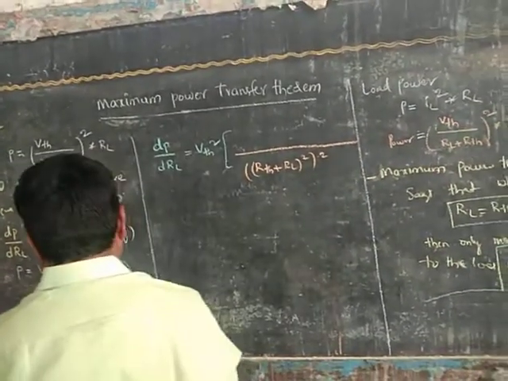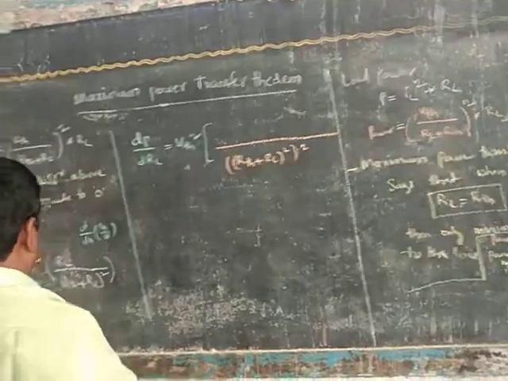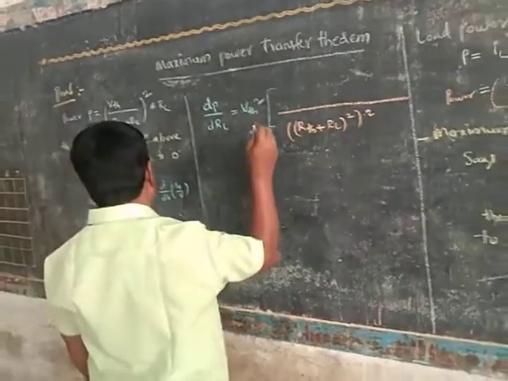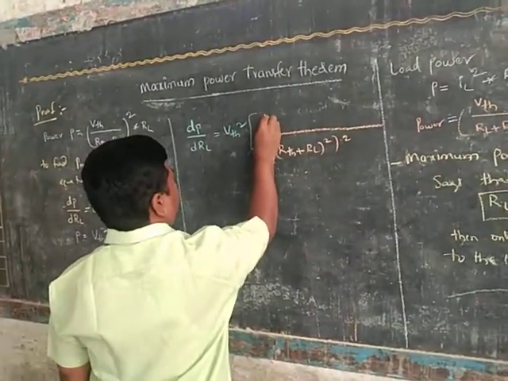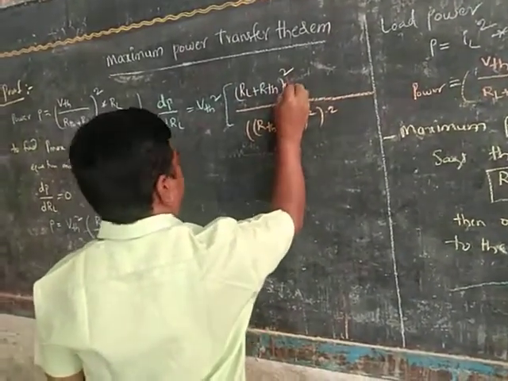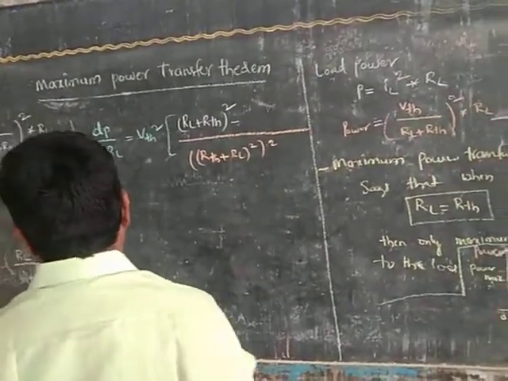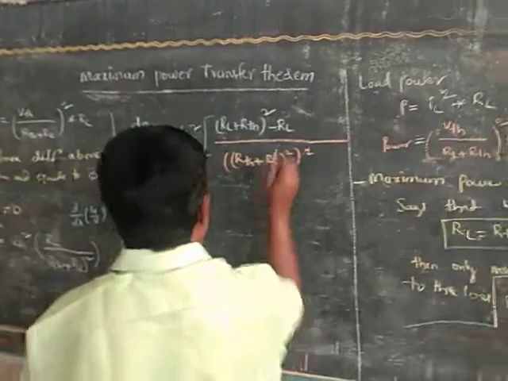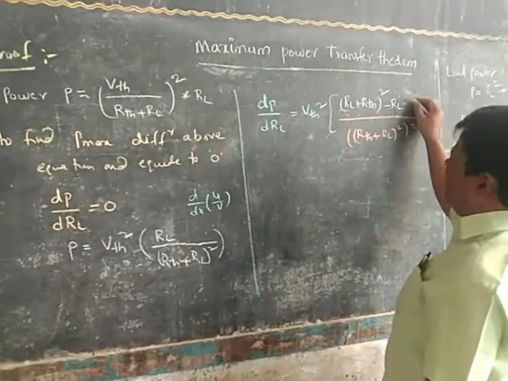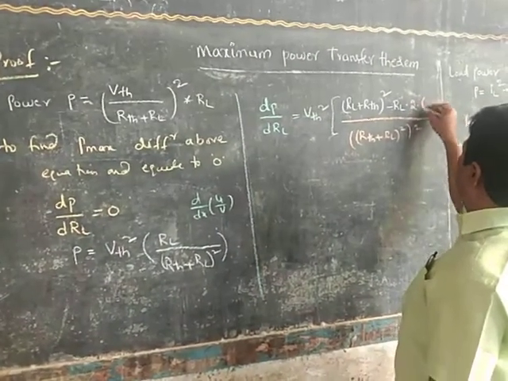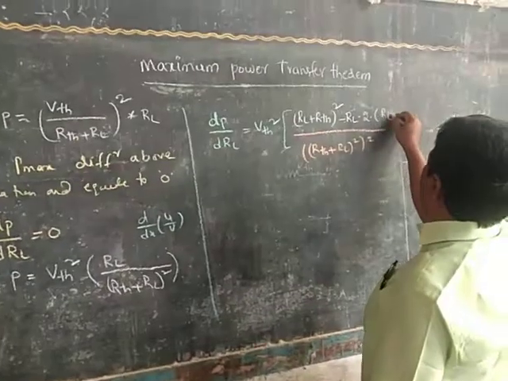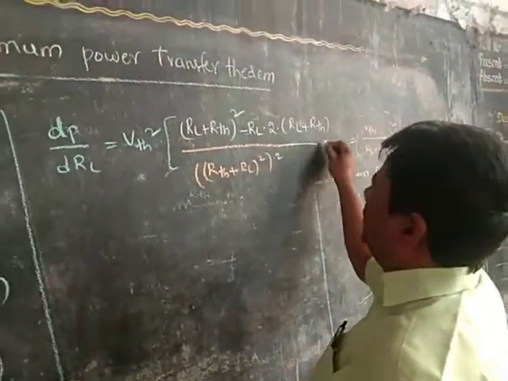Differentiate RL with respect to RL, into R Thevenin plus RL whole square, minus RL into the differentiation of the square, 2 into RL plus R Thevenin.